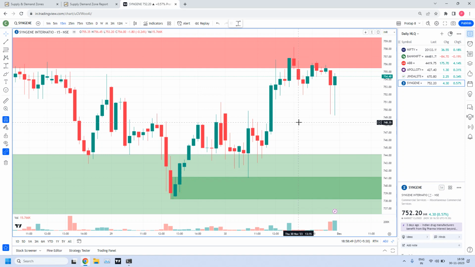Now I will generate demand and supply zones. First I will generate for the monthly time frame because today is the end of the month. So I will give you the complete list: stocks near the zones, inside the demand and supply zones, tested zones, newly created zones, and also a complete list of all the demand and supply zones for the monthly time frame for reference purposes.